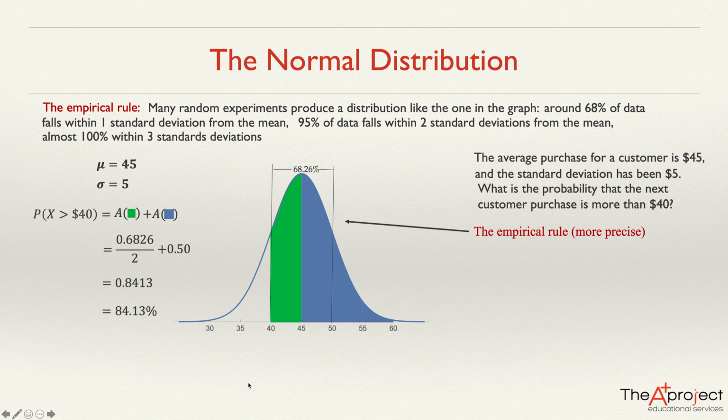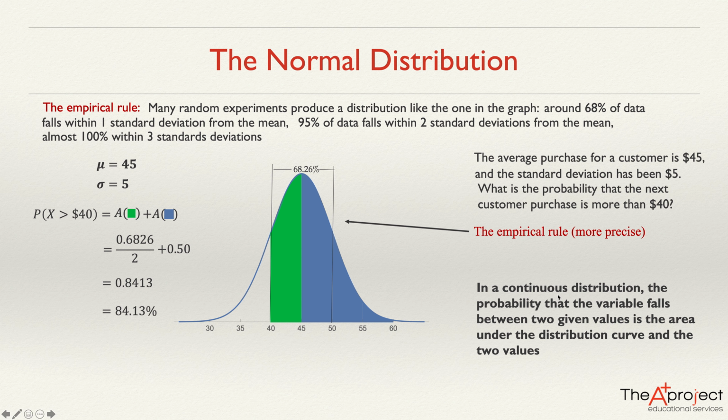So you notice here that to compute the probability is just to compute the area under the curve, and the area in percent will give you the probability.